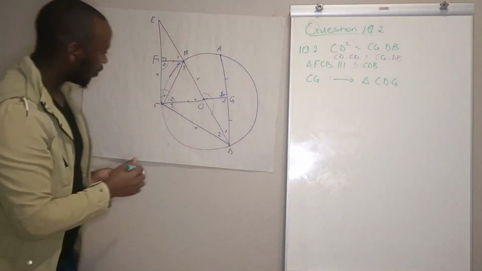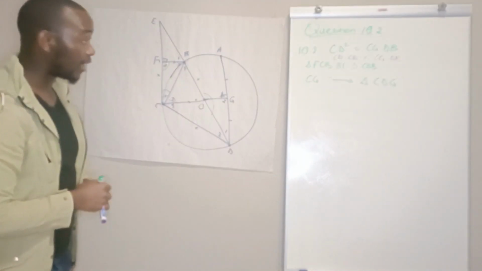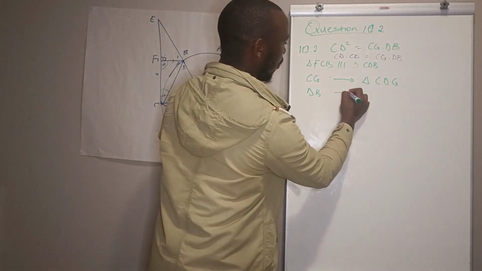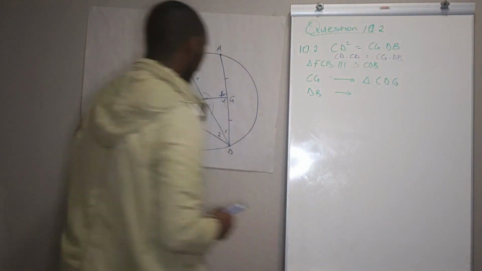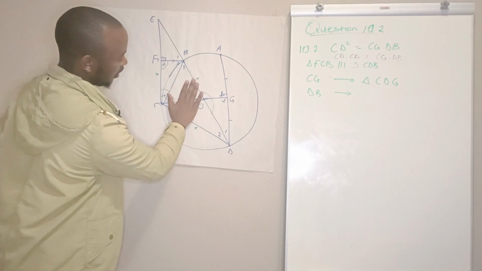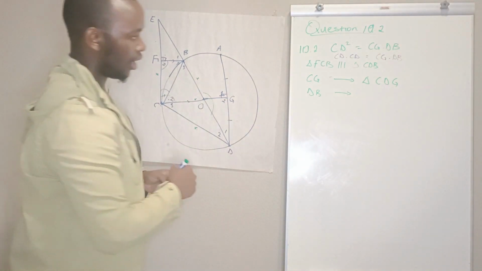So CG forms part of that triangle, and DB forms part of CDB, this triangle in here.